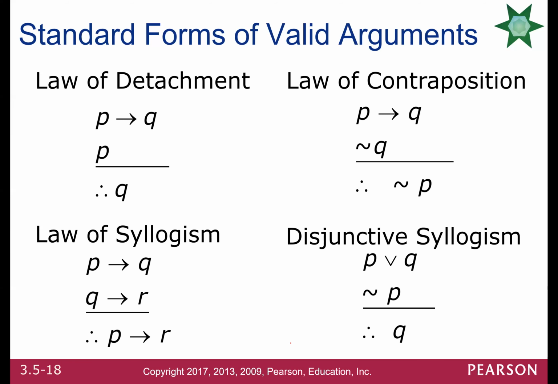The law of detachment, the law of the contrapositive, the law of syllogism, and the disjunctive syllogism. So you'll want to keep those notes available to you as you're working through this section's homework. So if you're looking at an argument and it fits one of these four forms, it is valid.